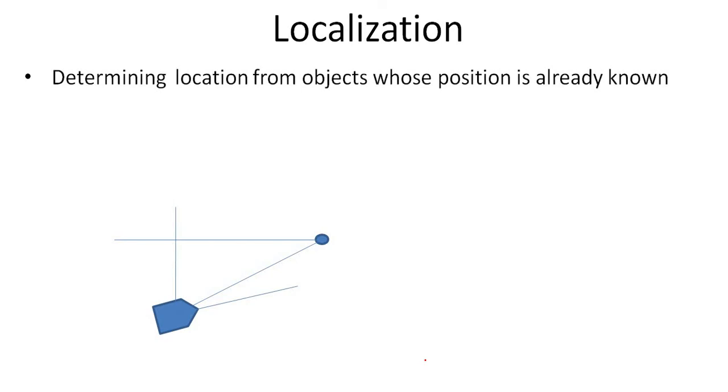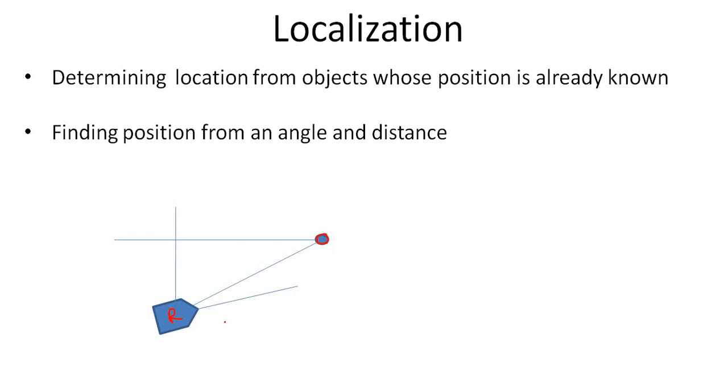Determining location from objects whose position is already known. So we have one object, this one here, and this is our robot. This is a special method of calculating the position of the robot, and in this case we have an angle and a distance from this point that are already known.